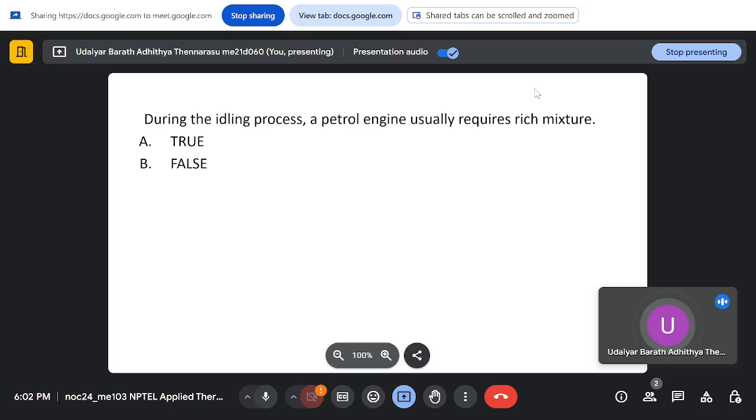That gives you the stoichiometric reaction. But in rich mixtures there is an excess of fuel which is present.